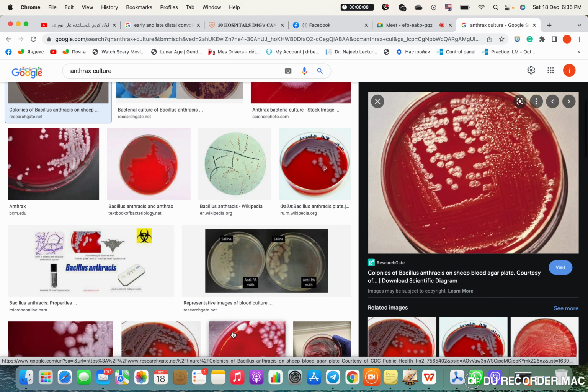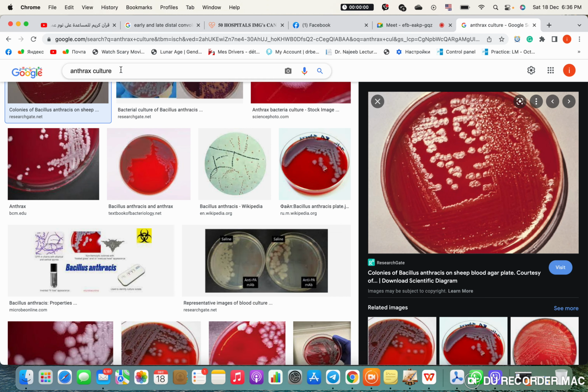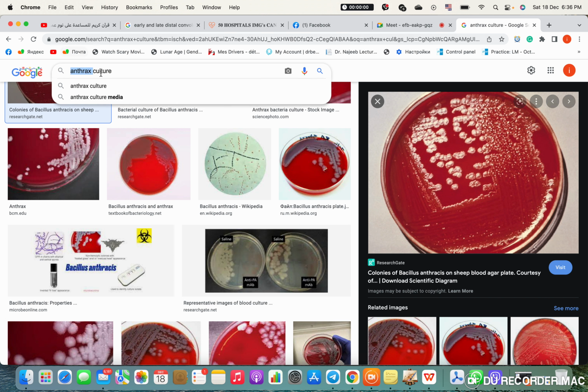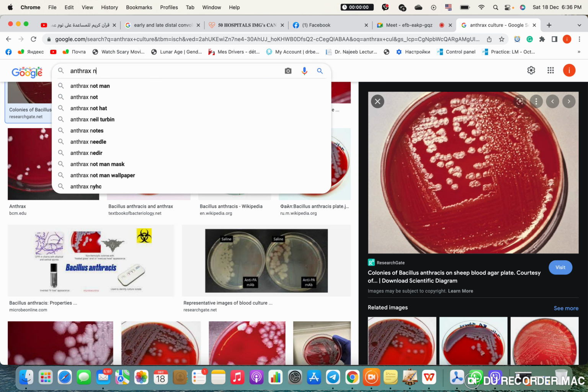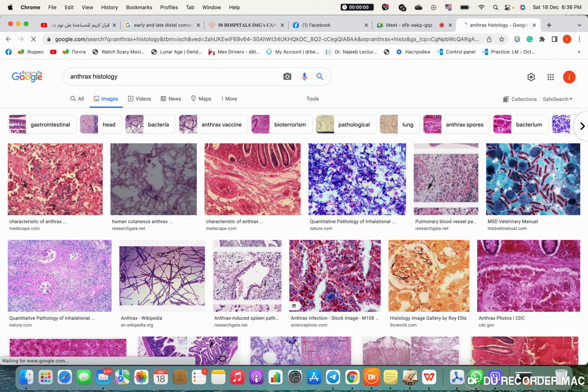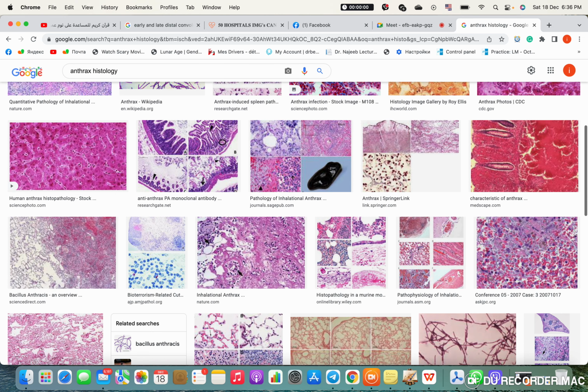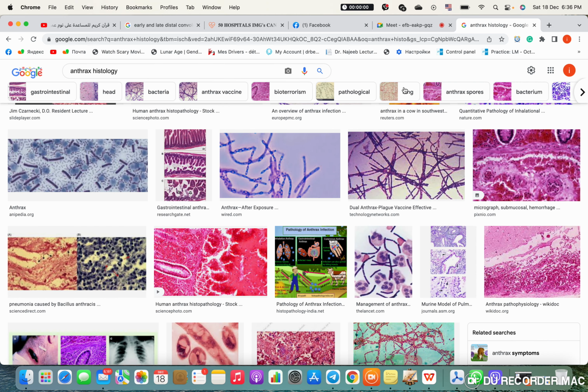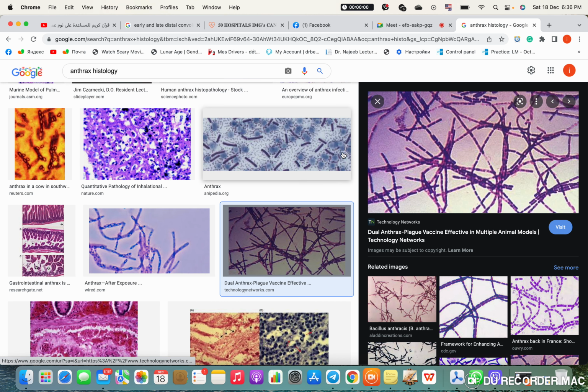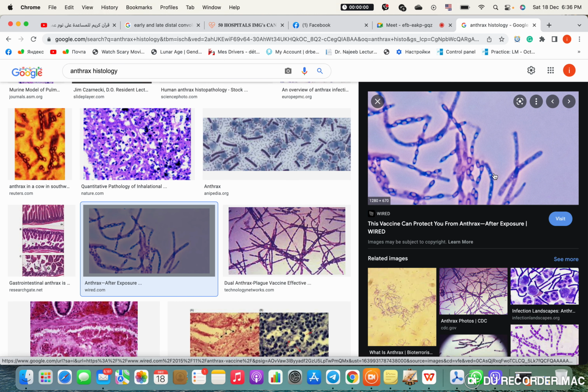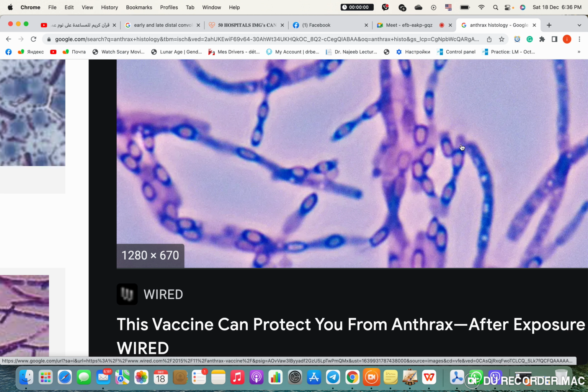The next thing you can see is on histology. In histology, it's a rod. We all agreed that it's a rod, which means a bacillus, but it has something really characteristic. First of all, guys, what are these round-like structures?